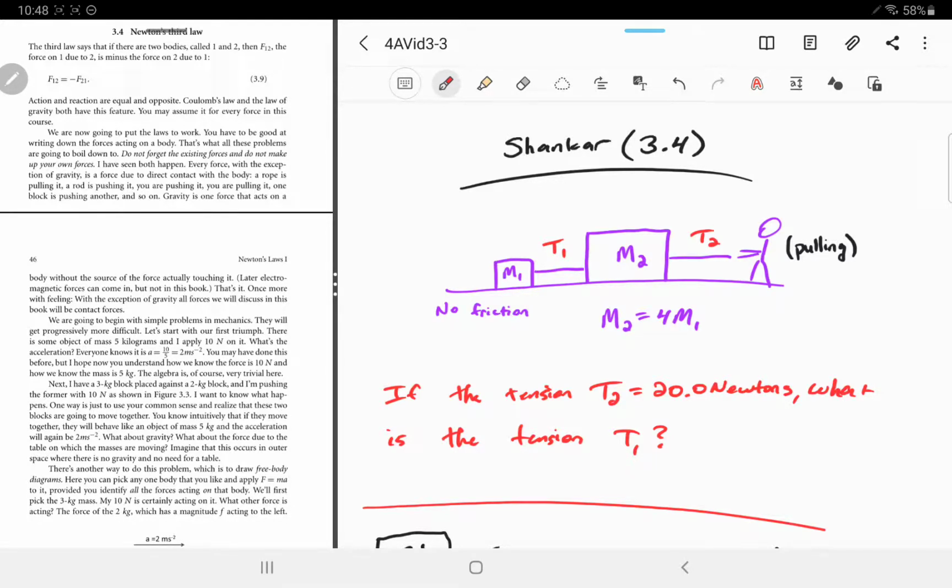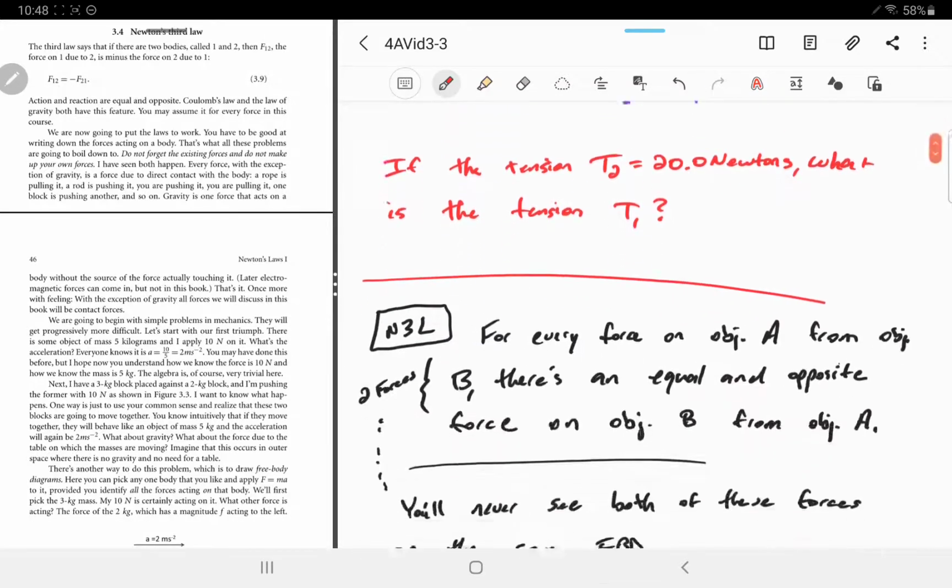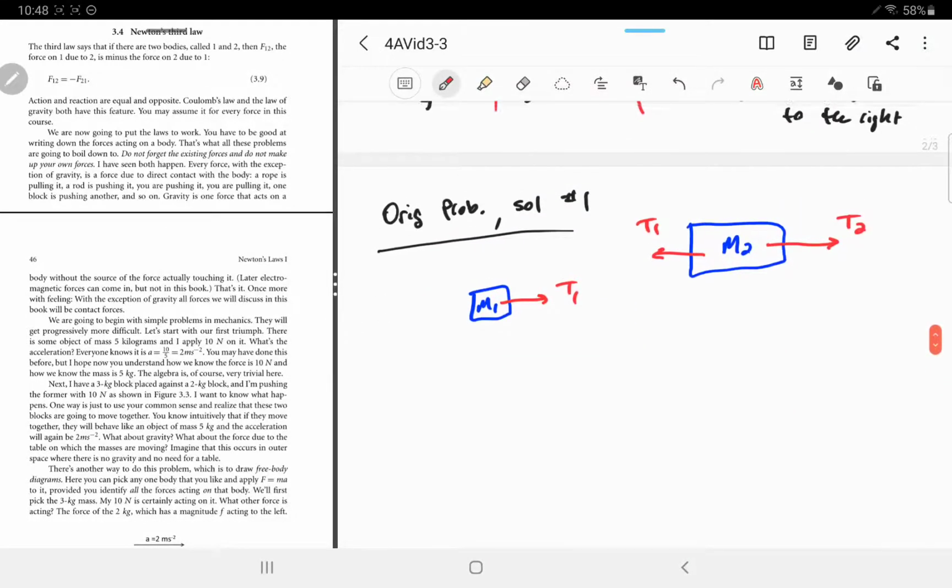I guess what I'm saying is that this whole thing is transmitting the force between M1 and M2. If the rope wasn't there, M1 would push directly on M2. And so the tension in the rope is transferring that force undiminished if the rope is massless. So that's why we could ignore the intermediate step of the rope.